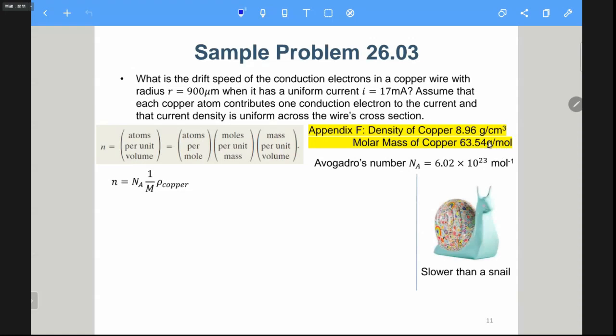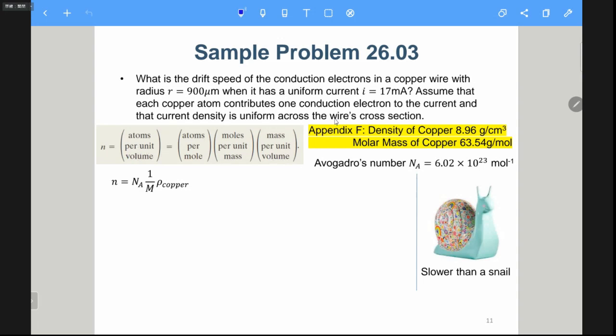Some chemistry stuff, and then the Avogadro number, N_A equals 6.02 times 10 to the 23rd power per mole. Okay, so here we need this equation. Actually, you can just think it out.